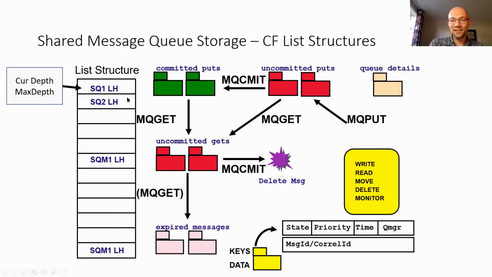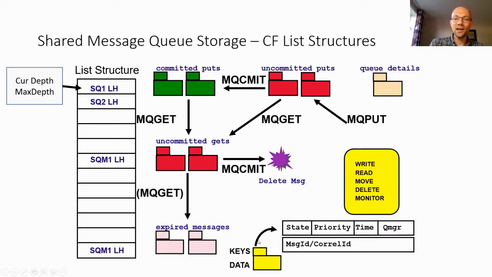Now each message, you can see down the bottom right-hand side of the slide here, obviously has data associated with it, but also has a number of bits of information that the coupling facility allows MQ to set. And one of those is the key. The message key is used by MQ to order the messages on the queue.